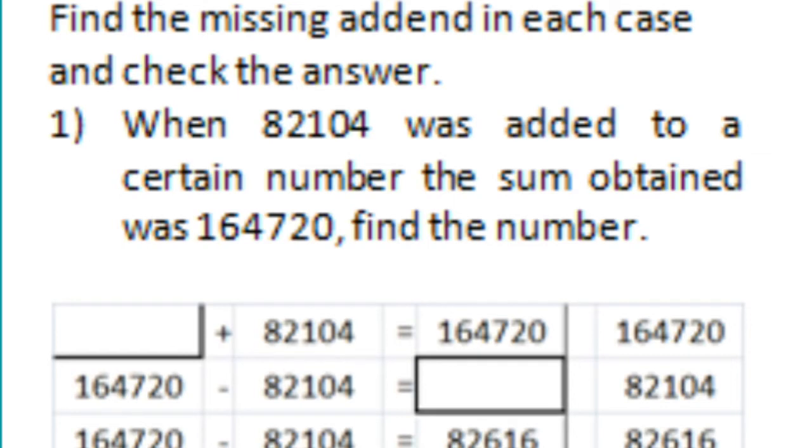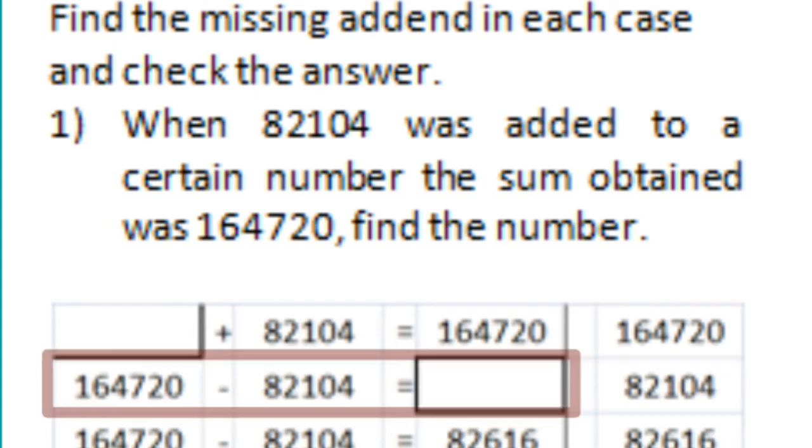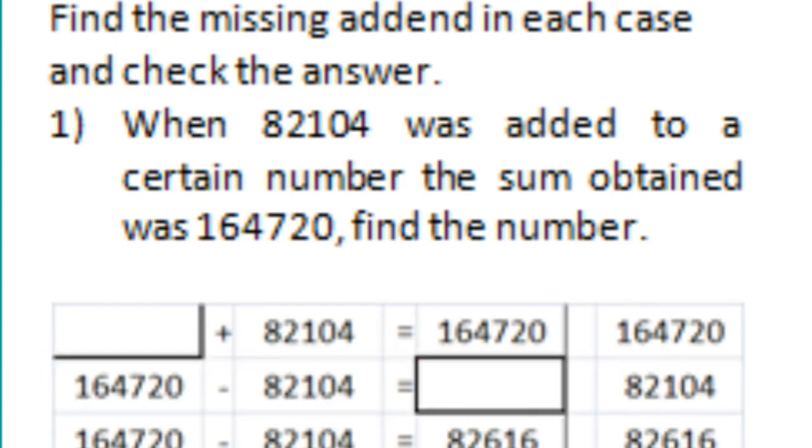That means the sum is 1,64,720. One of the addends is 82,104. To find the other number, we have to subtract from the sum the addend.